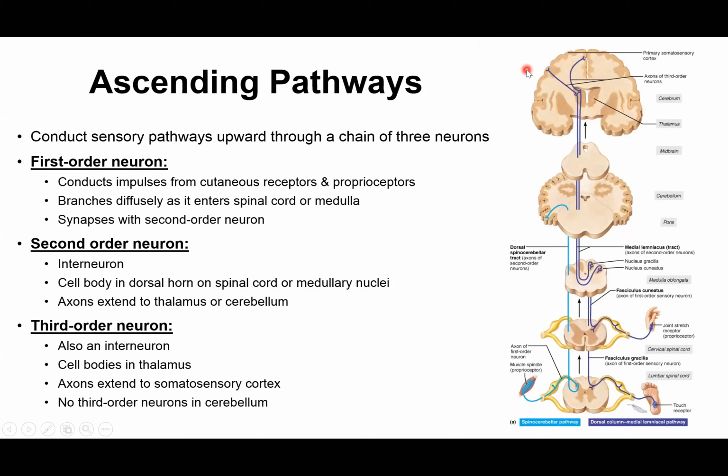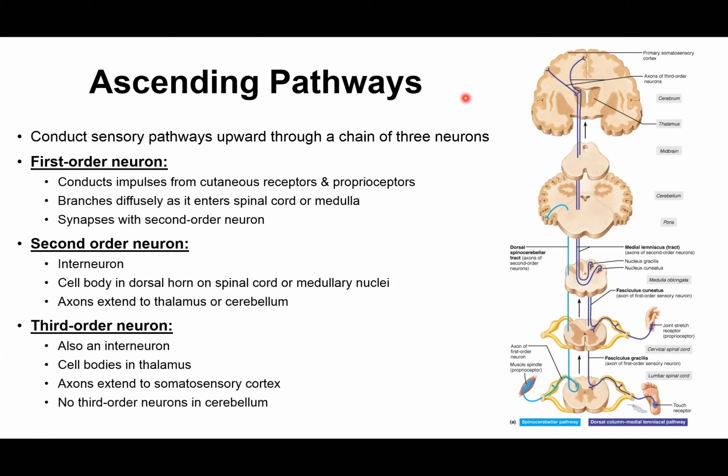So let's talk about these ascending pathways then. Our ascending pathways, as I've already mentioned, conduct sensory input upward through a chain of 3 neurons. This is kind of new information, but also very relevant.